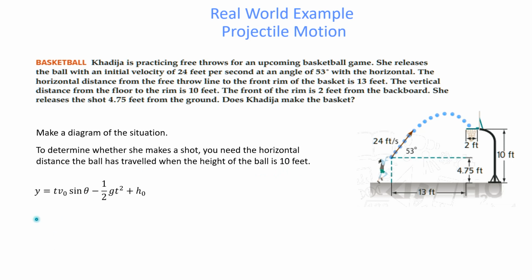So, y equals t v naught sine theta minus half of g t square plus h naught. This is the parametric equation of vertical position. After substituting the values, we get v naught is 24, theta is 53 degrees, g is 32, t square is written the same, h naught, that's the initial height, is 4.75.